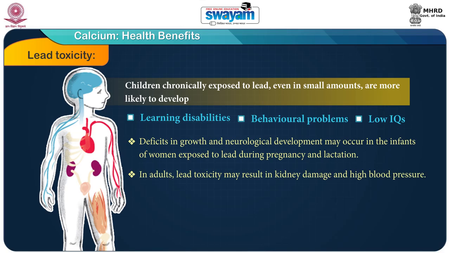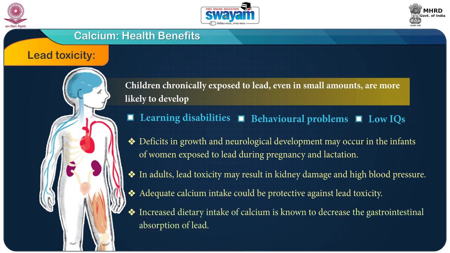In adults, lead toxicity may result in kidney damage and high blood pressure. Adequate calcium intake could be protective against the toxicity of lead. Increased dietary intake of calcium is known to decrease the gastrointestinal absorption of lead.